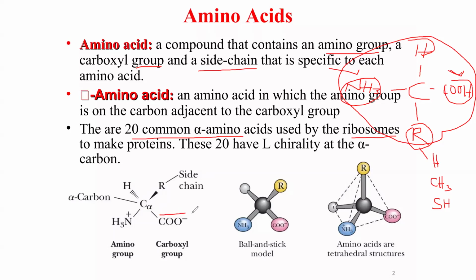Here we have the carboxyl group, this is the amino group, this is hydrogen, and this is the side chain. If you look at this carbon, you observe that all the groups attached to it are different. So that is why it is called an alpha carbon.